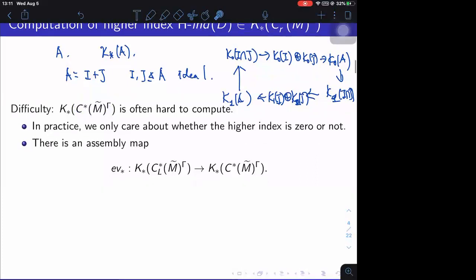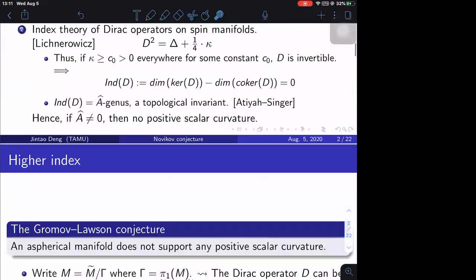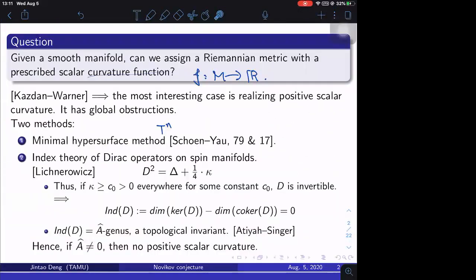But usually if we cannot compute the K-theory, we actually worry whether we can determine if the Roe index is zero or not. Because if we go back to the machinery here, if we can determine the Roe index of D tilde is non-vanishing, we will say there is no positive scalar curvature Riemannian metric on M.